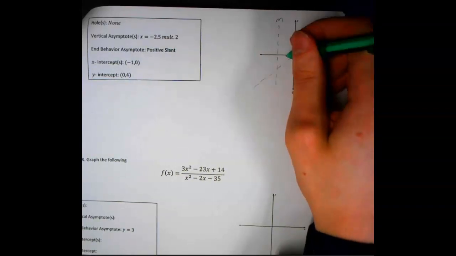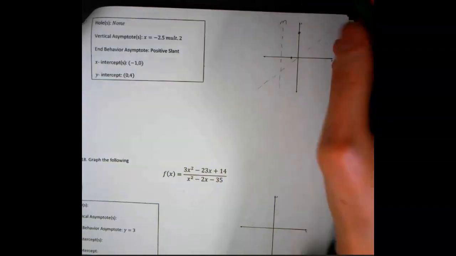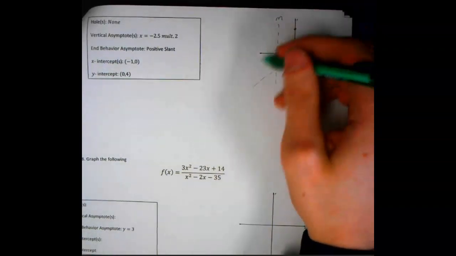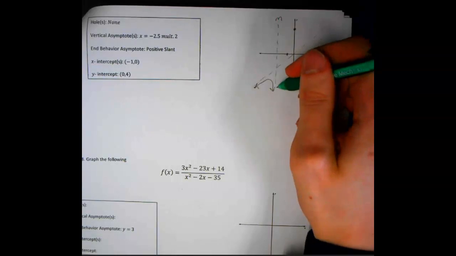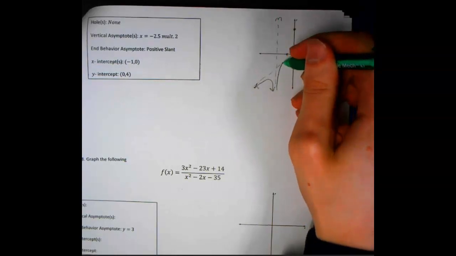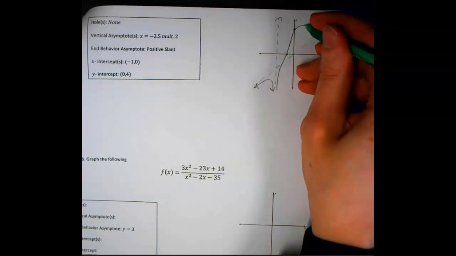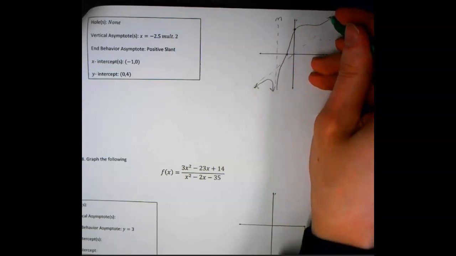The x-intercept will be negative 1, so that'll be somewhere on here. The y-intercept will be positive 4, somewhere up here. We cannot cross the x-axis for this, so we'll start out at the bottom. Multiplicity, so we'll start out at the bottom again. And it'll look something like that.